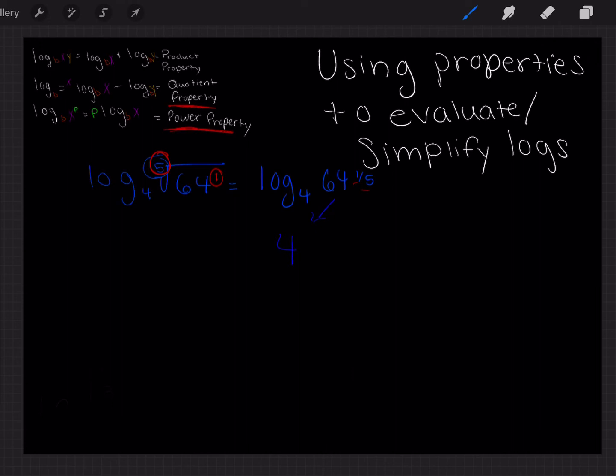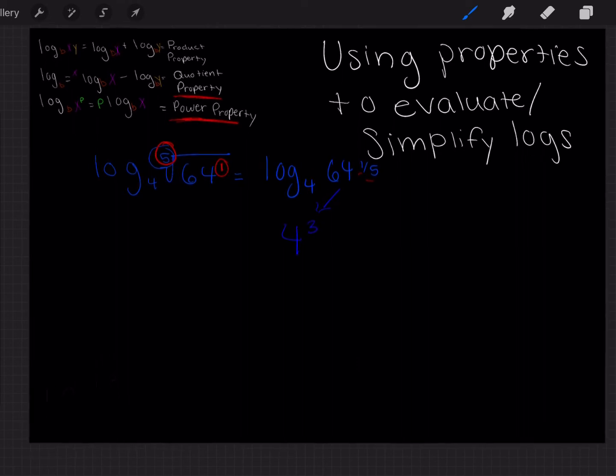So we're going to have log base 4 of 64 to the 1/5 power. This way we're getting rid of that radical. Now we can take the 64 and, like we had done previously, turn it into 4 to the third. We can do log base 4 of 4 to the power of 3.